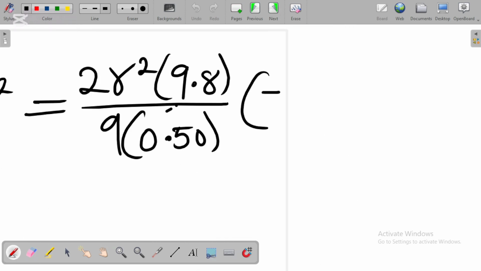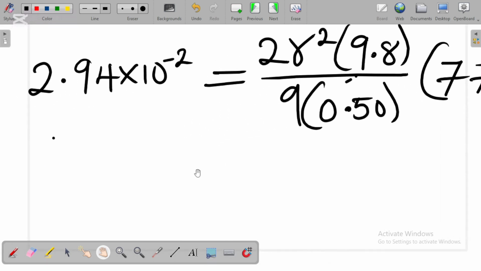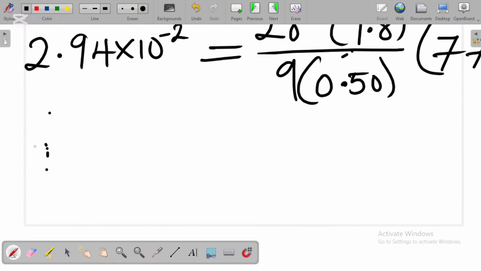So we have here 7,700, and then minus what is the density of the fluid, which is the oil, 920, and then you close your bracket. All right, so we are going to simplify further.